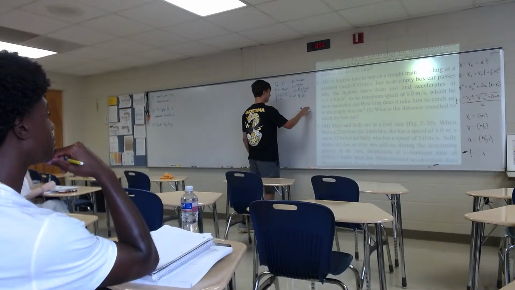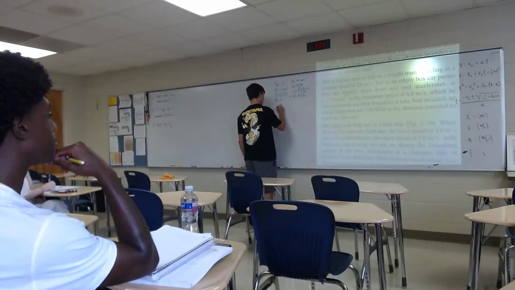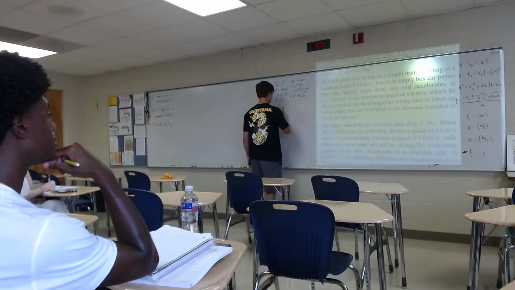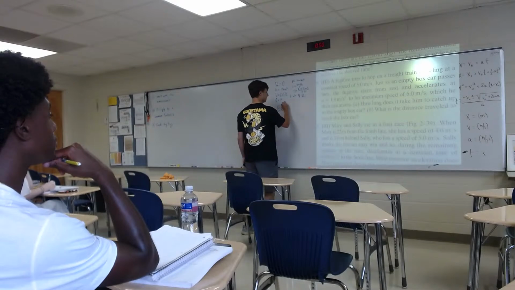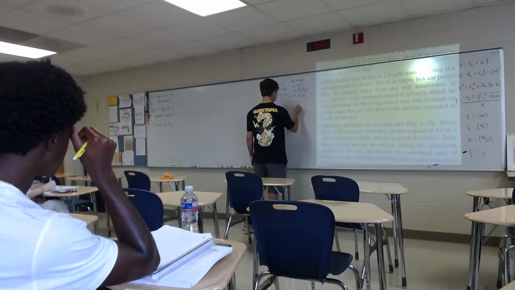So while the fugitive is accelerating, the train's already moving at 5 meters per second times this time 1. And then we need to find time 2.